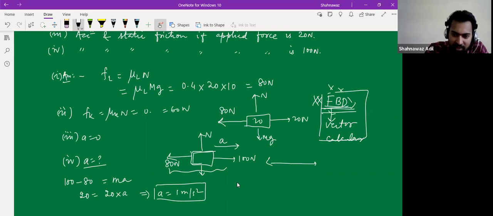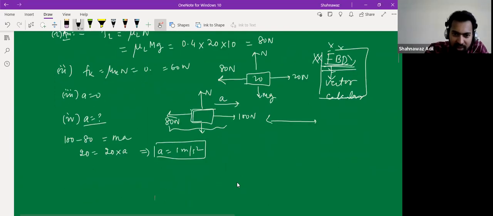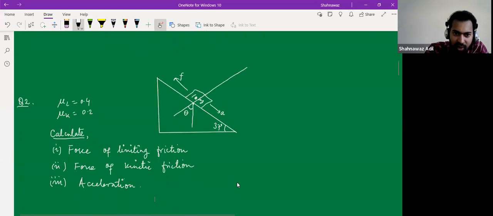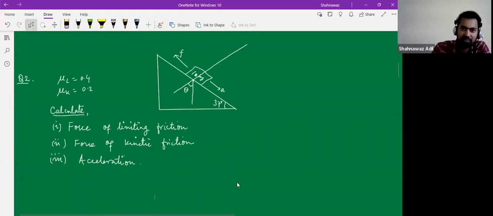Now let's make it a little bit complicated. So now this block is on an inclined plane, and it is sliding, right? And frictional force is acting upon it.